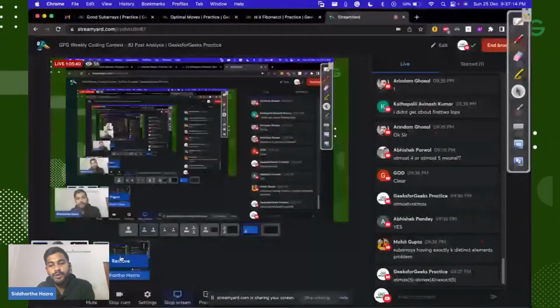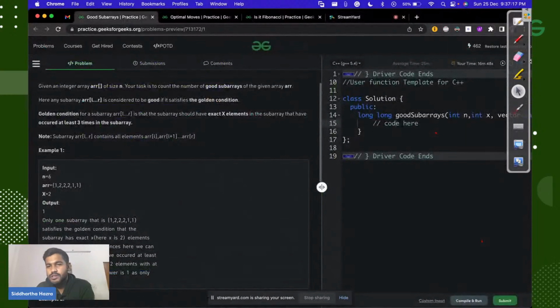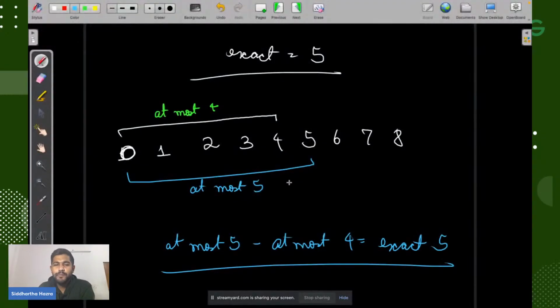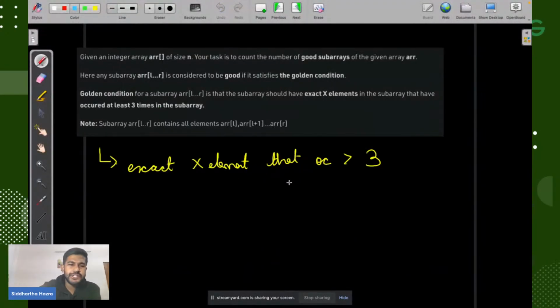Is everyone clear with this? Then you have understood the problem solution. Trust me. So this is now a very two-pointer question itself.